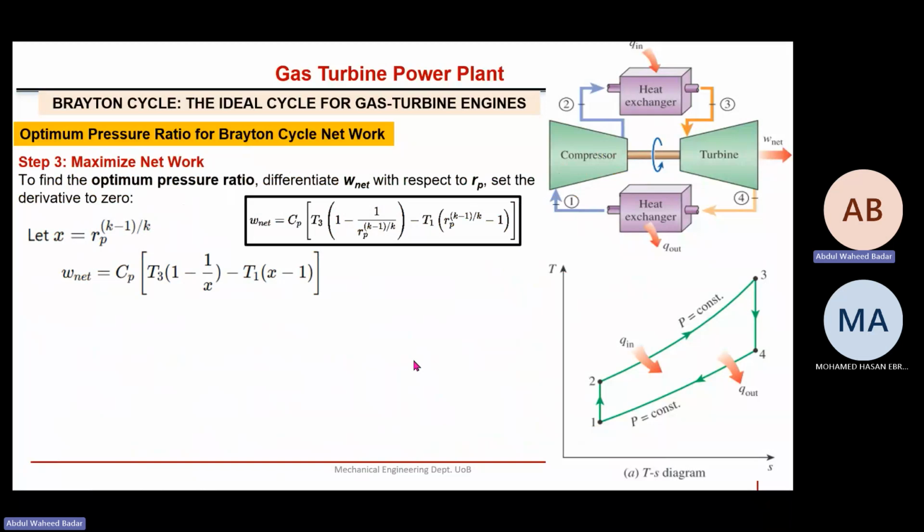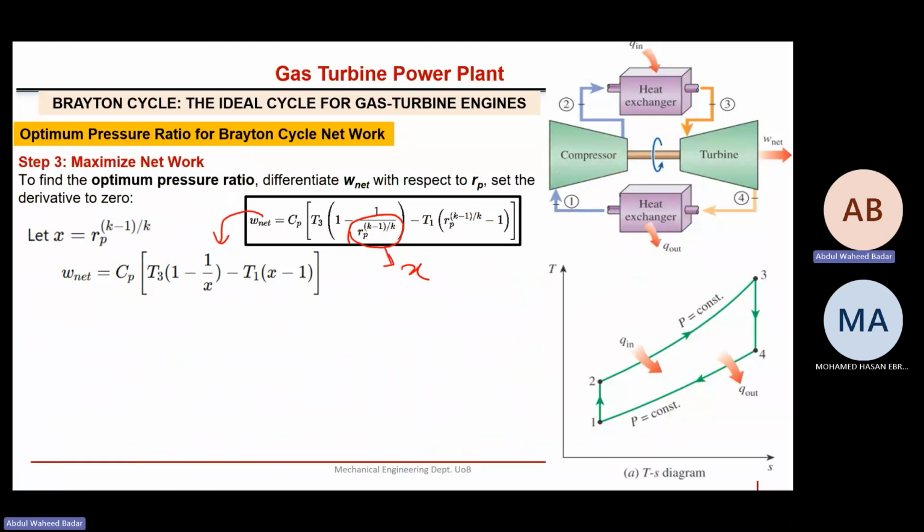Here what he is doing, he is taking this whole term as x, making things easy. RP to the power k minus 1 over k, take it whole as x. Then this equation can be written like this. Now take the derivative with respect to x.